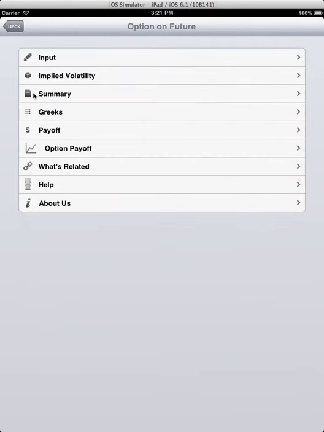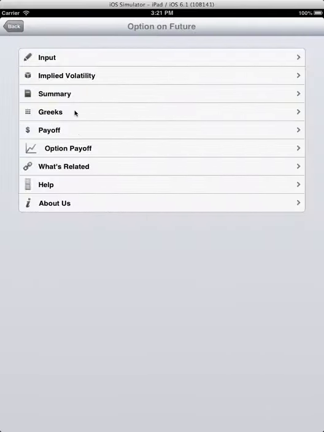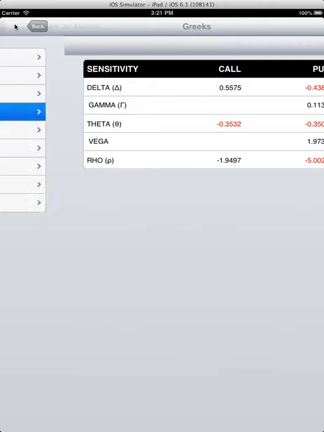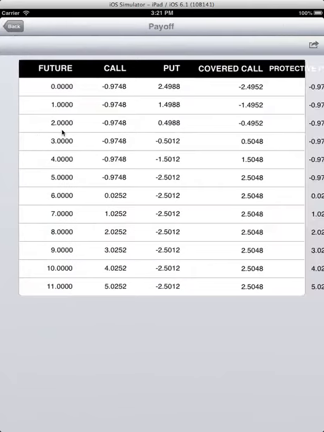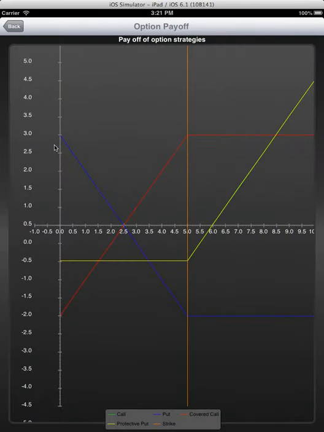And now the summary: the call price, put price, European option, American option, then the time value, intrinsic value. Option Greeks: delta, gamma, theta, vega and rho. Then there is a payoff chart and the payoff chart itself of the various strategies.